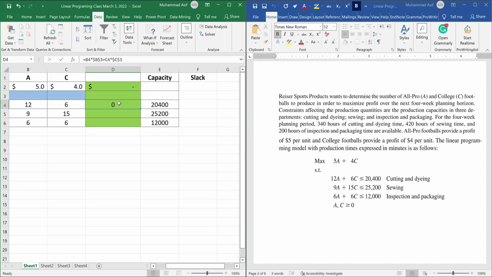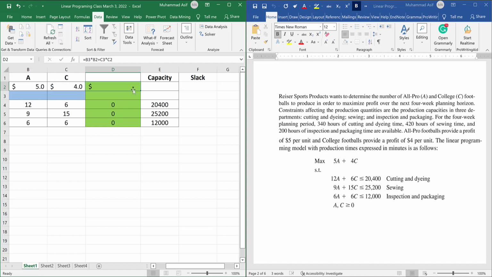And this will give us the total number of minutes that will be used, and I can drag this one. Okay, so these are 4 formulas that need to be entered. The first formula is for the objective function, and the other 3 for constraints.